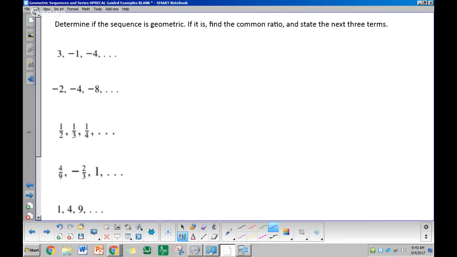So we can say that this is not geometric. It's not even arithmetic, is it? No, because the difference here would be 4 and the difference here is 3. So it's not even arithmetic.